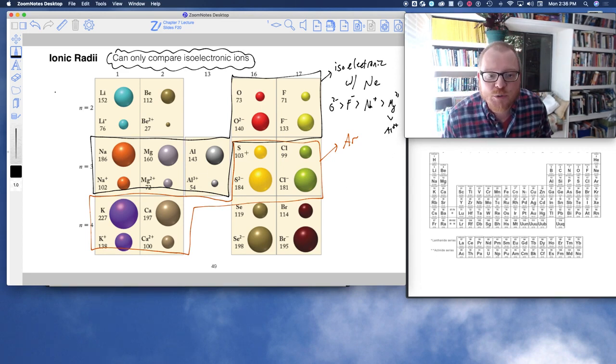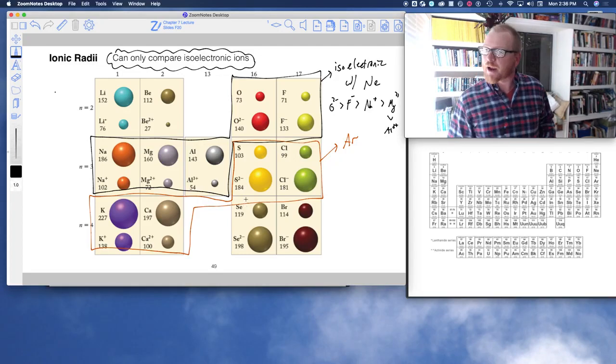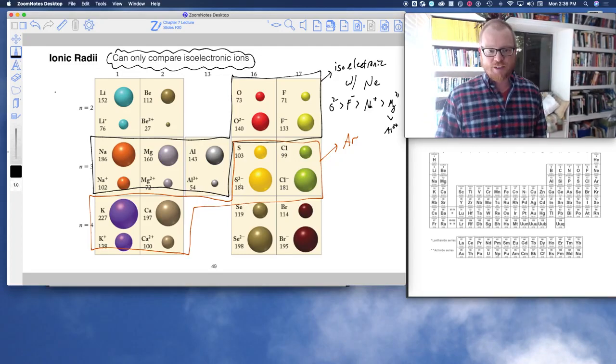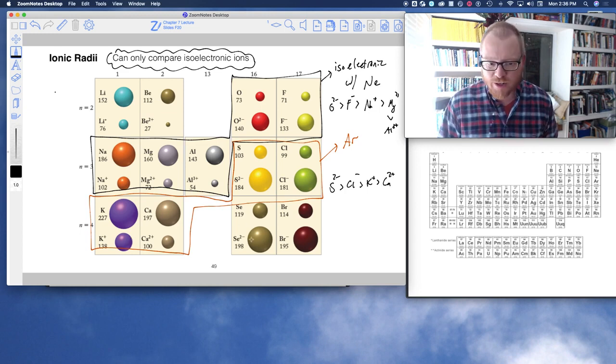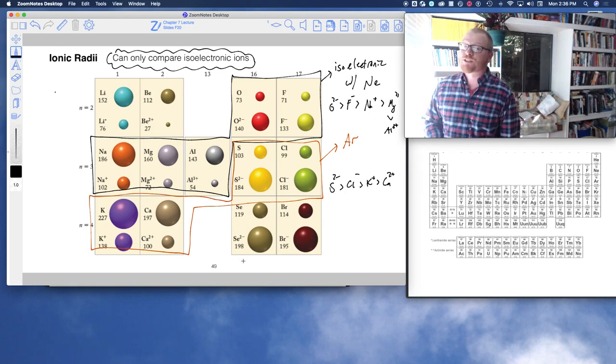Notice when we get to sulfur, the trend starts over again. Sulfide at 184 is bigger than chloride at 181, which is bigger than potassium at 138, which is bigger than calcium 2 plus at 100. Then when I start at selenium, a new trend starts over.